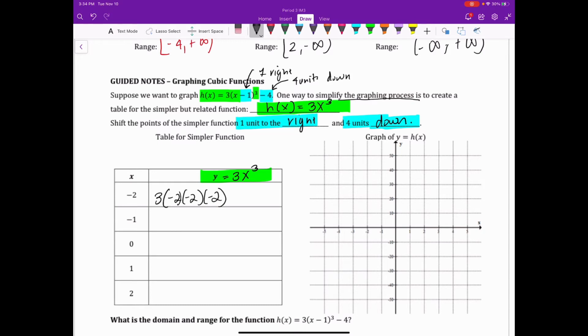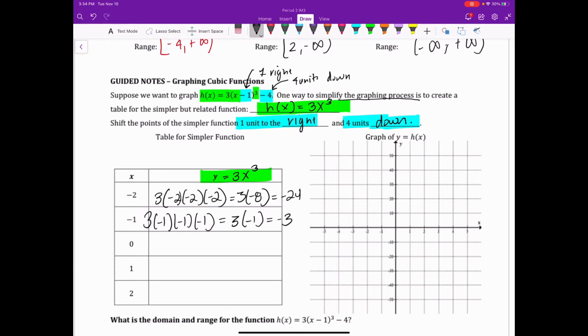So this is really just 3 times -8, which is -24. If x is -1, it's going to be 3 times -1 times -1 times -1, which becomes 3 times -1, which equals -3.